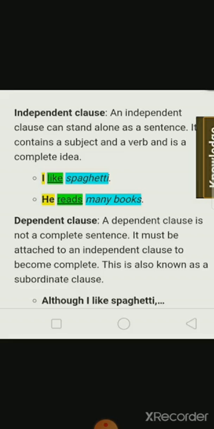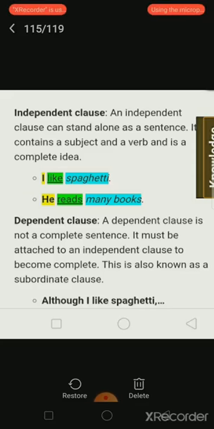So it's very necessary for a sentence to be complete, in the sense that it must have a subject and a verb or object. Or if it's a dependent clause, it must be attached to an independent clause.